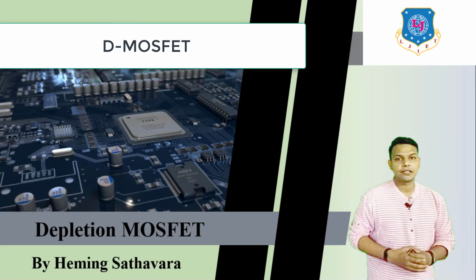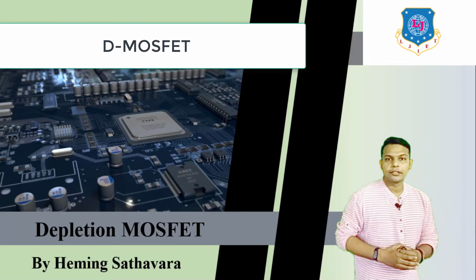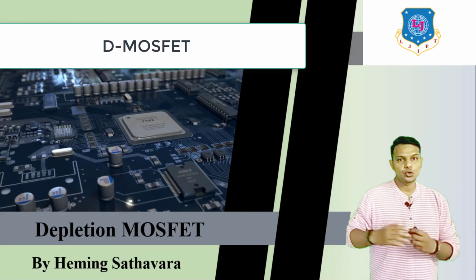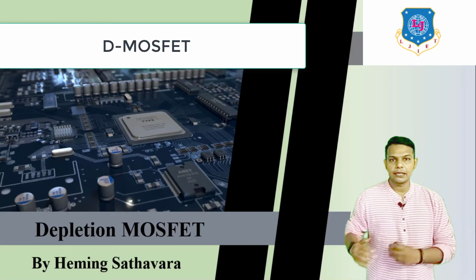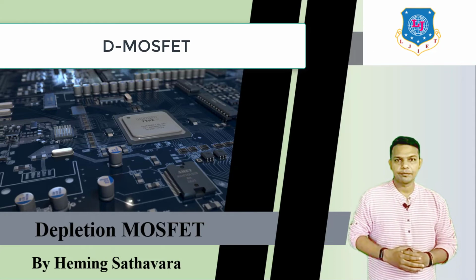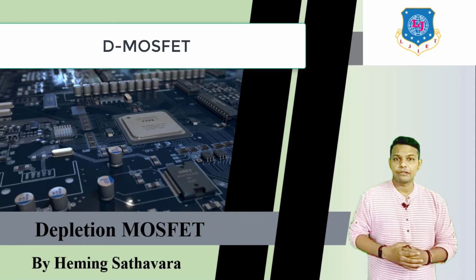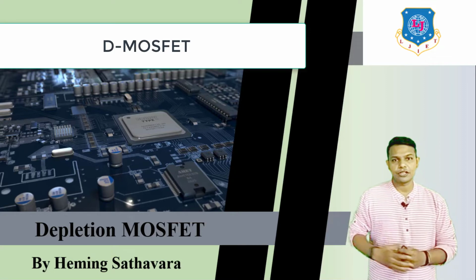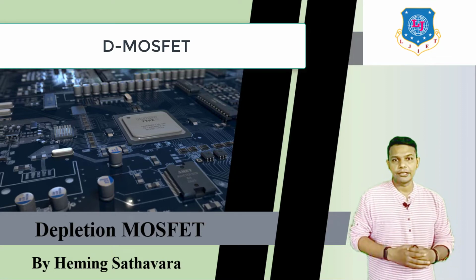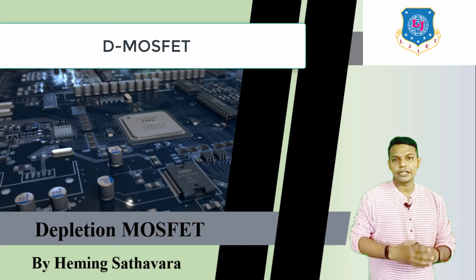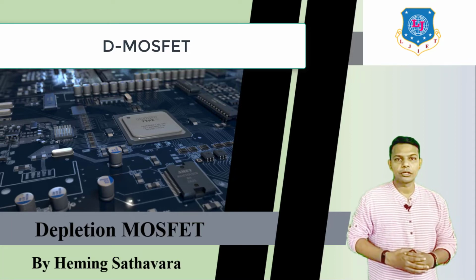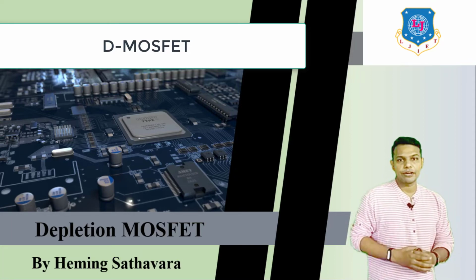So as we discussed in our first lecture, the transistor is divided into two parts: one is BJT, another one is UJT. In BJT we have discussed PNP and NPN transistors, whereas in FET we are going to discuss JFET and MOSFET.